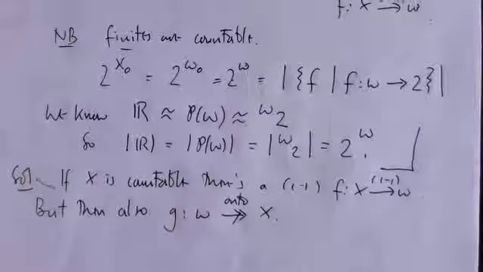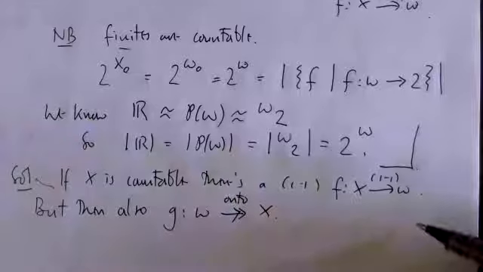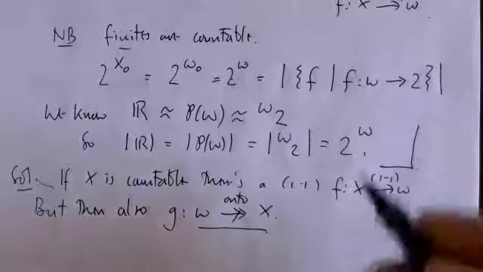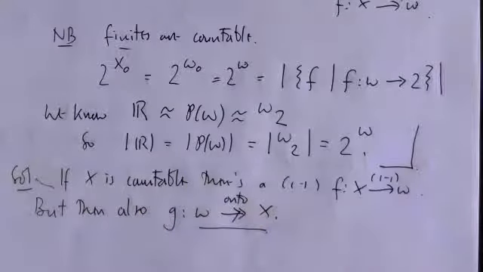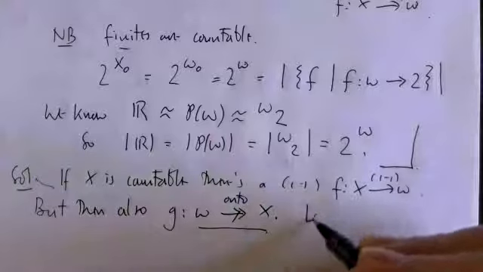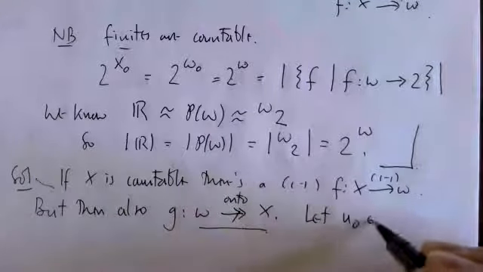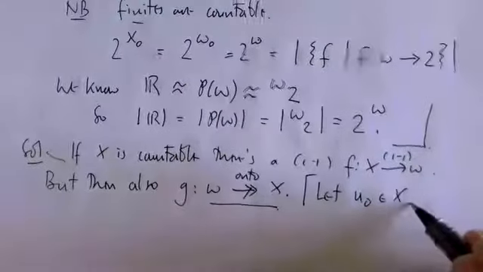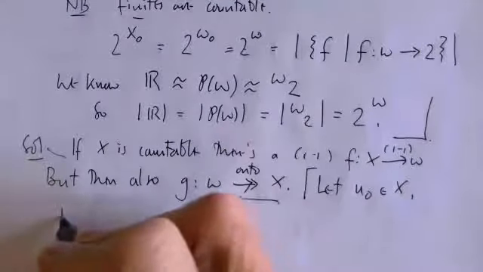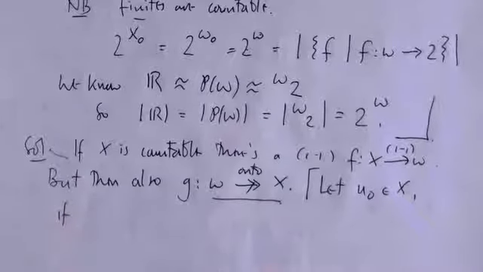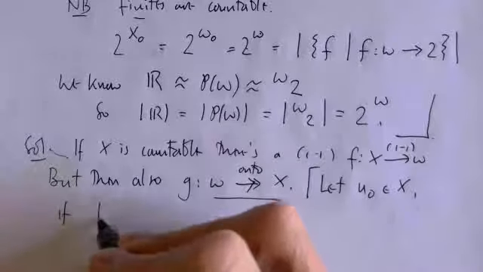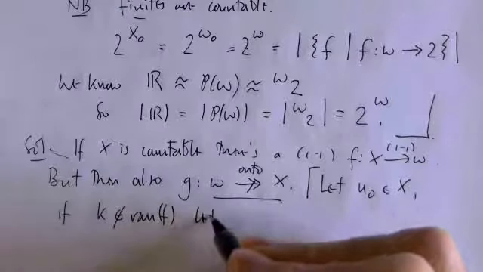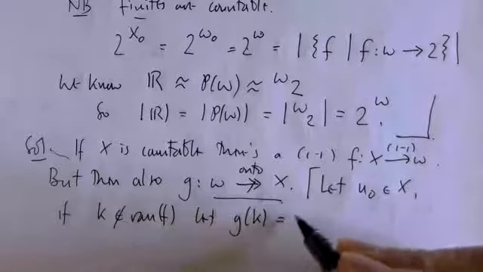So how do I get a G? I would say something like, let u0 be in X. If k is not in the range of F, let G of k be u0.